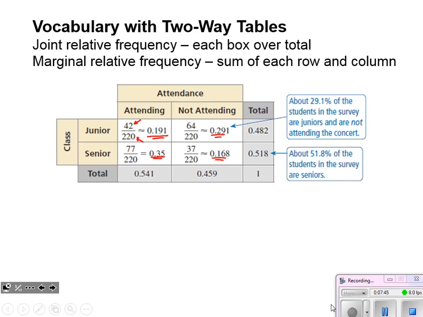And then this also translates into marginal relative frequencies when we total up those rows and those columns. And you can see with the little call-out boxes that they have there, this shows us not only can we figure out really quickly what the probability of each individual box occurring is, but also by the rows and columns, the probability of a person in each type of category.